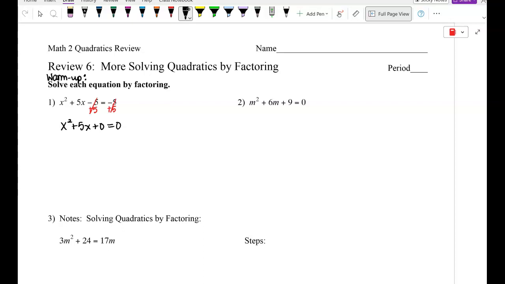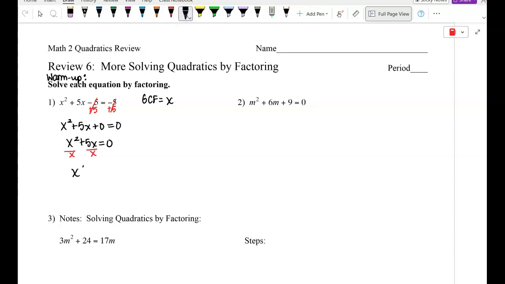Now, technically, could you do the x method here? Yes, but if that c value is 0, we really have x squared plus 5x equals 0. And then if we go to looking for the GCF, they both have an x that we can take out.